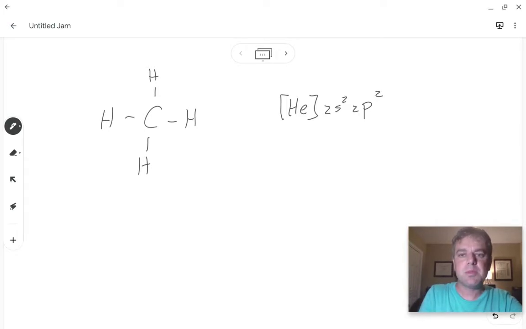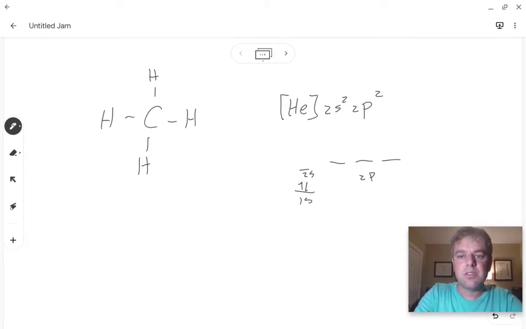So the problem here is that when carbon is forming these chemical bonds, it's using electrons from its 2s orbital and from its p orbitals. Because if we were to draw a little energy diagram, we've got your 1s, then we have the 2s, and then we have the 2p.